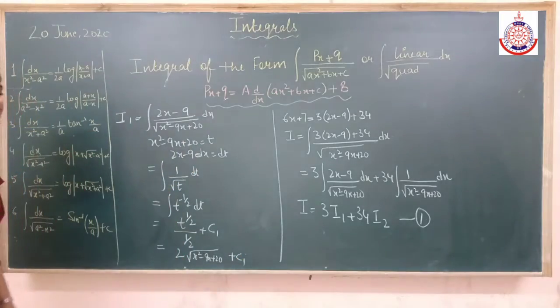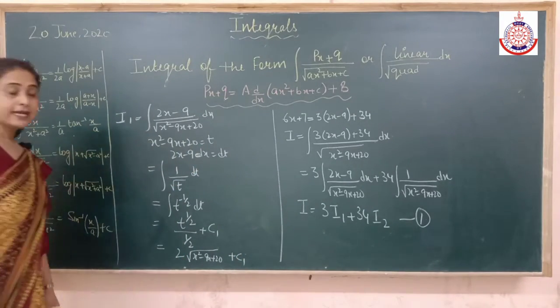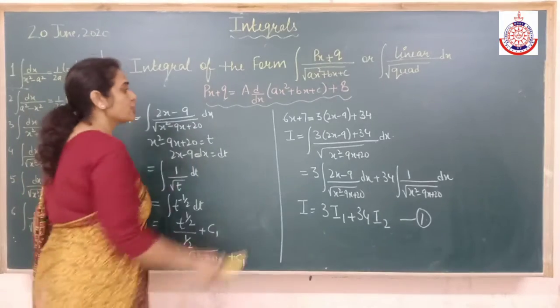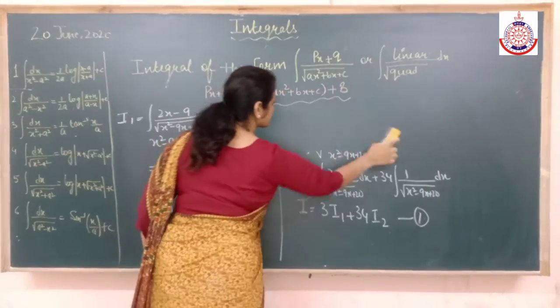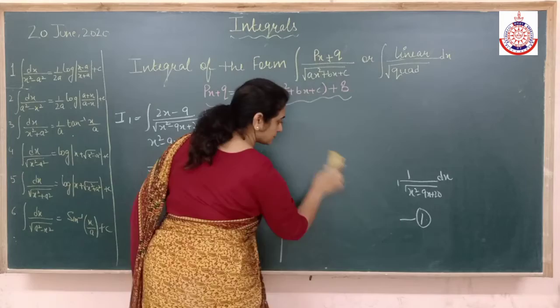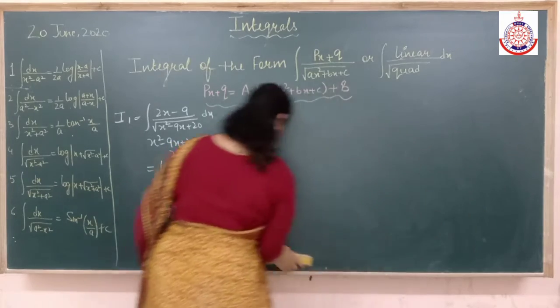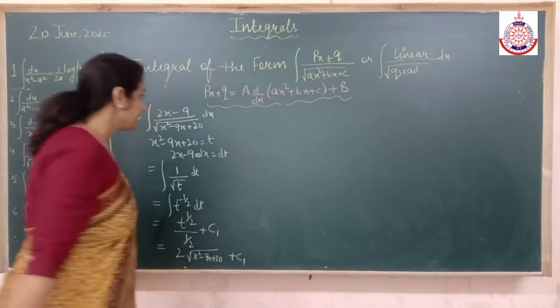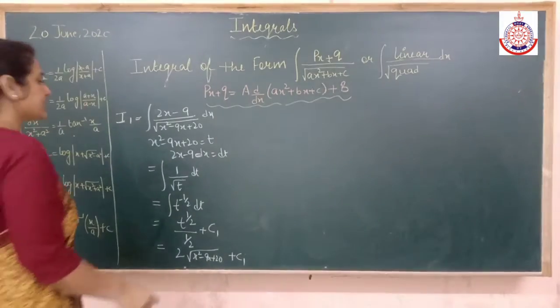I got the value of I1. Clear? I got the value of I1. Now let's solve I2. Then we will put it there in equation 1. What was I2?